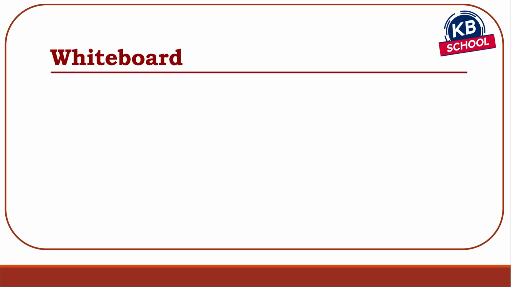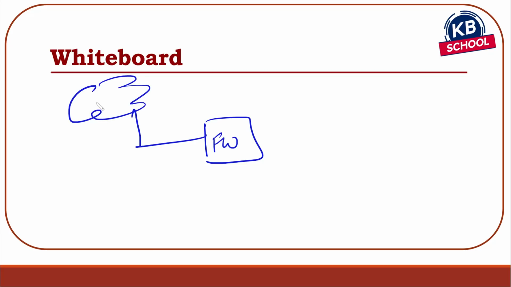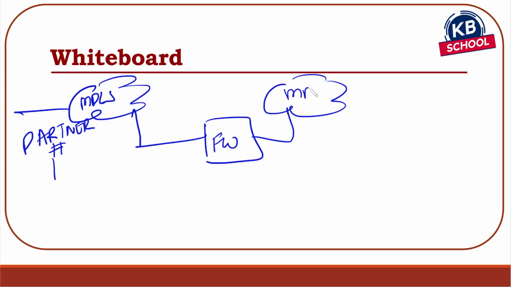So for example, let's say you had your firewall connecting in through a private WAN, maybe an MPLS network, to one of the partners, let's say partner 1, and another interface connecting through another MPLS network to partner 2.